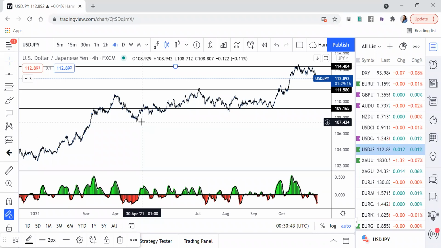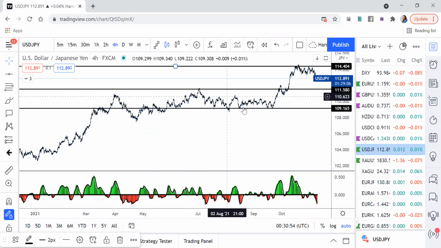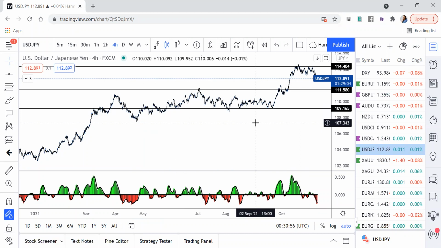But most importantly, you need to have structure. So make sure you identify the highs and the lows, because by you actually putting structure on the chart, you can see if there was a break to the upside or if there was a break to the downside, and then you would know what to look for next.